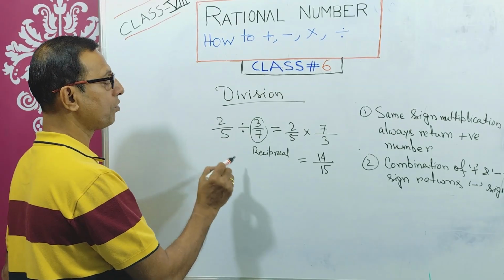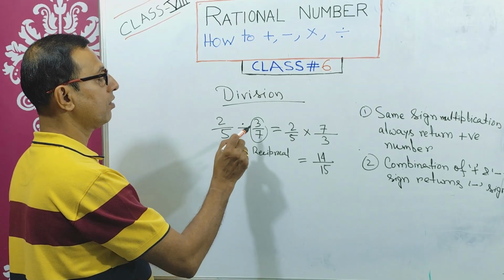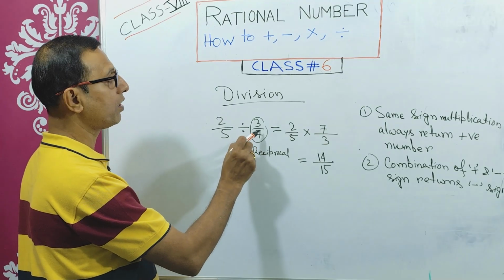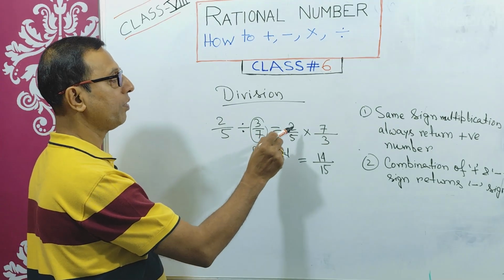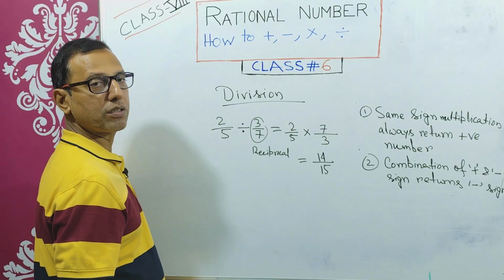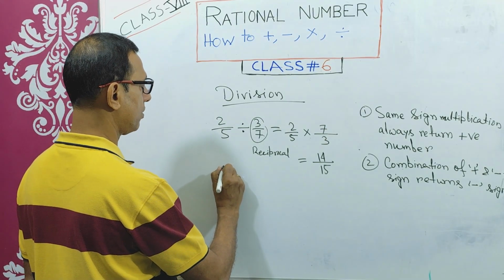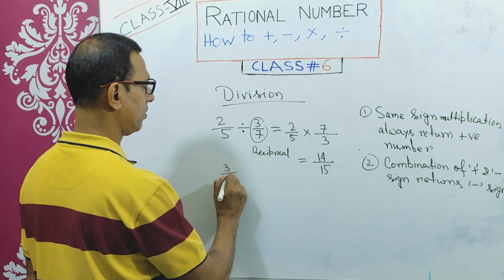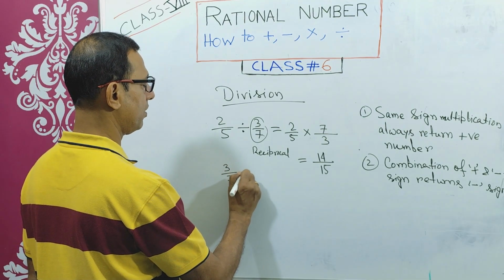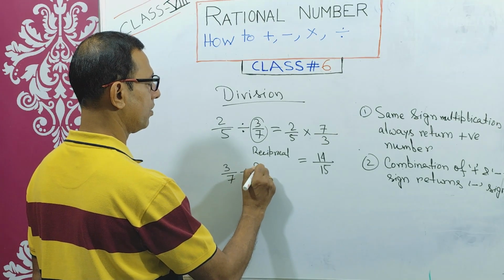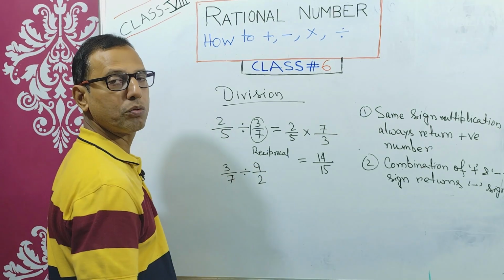For division, you need to remember, you need to take the reciprocal of what you are dividing by when you are doing the multiplication, right? So let's say another division, 3 by 7 divided by 9 by 2.